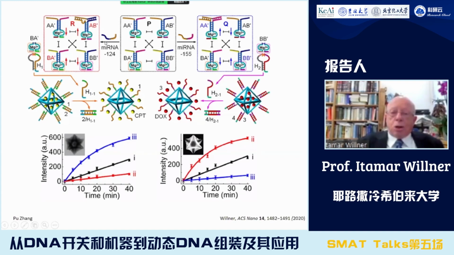If we subject the network to two biomarkers, microRNA 124 or microRNA 155, and if we add to the parent network two hairpins, H1 and H2, the constituent AB prime and the constituent AA prime will cleave these two hairpins, generate fragments that will unlock the nano MOFs and release the drugs.